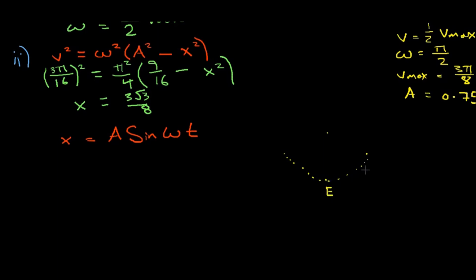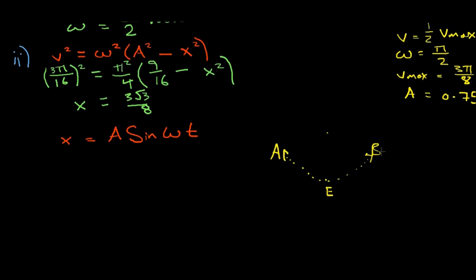This is the equilibrium, and these 2 are the extreme points. So you have B and A. So the pendulum would swing up and down, where it actually stops here and it stops here.